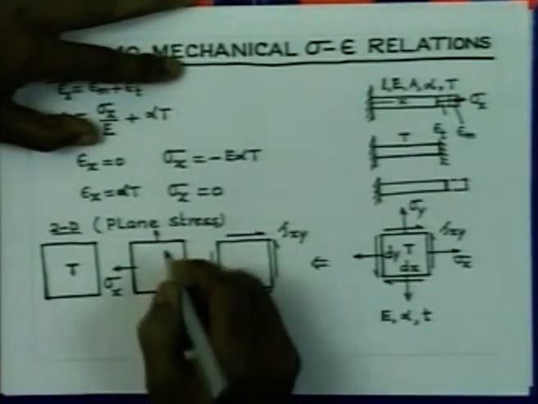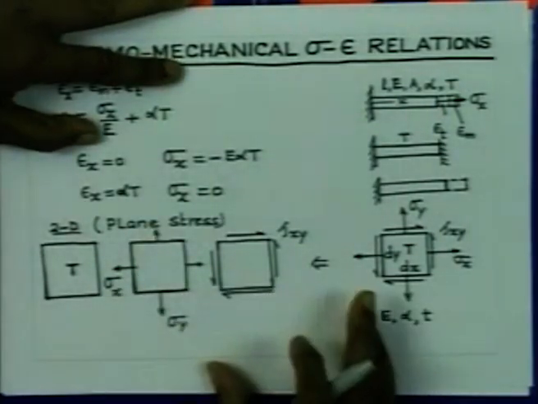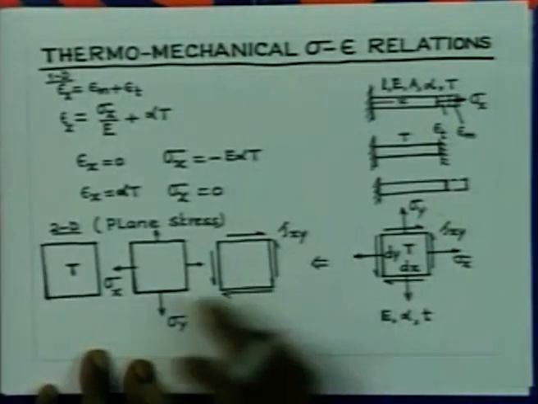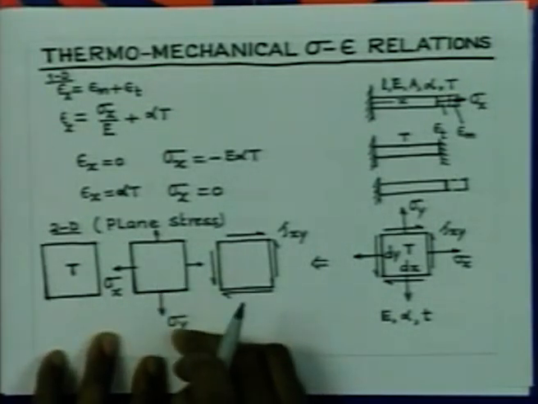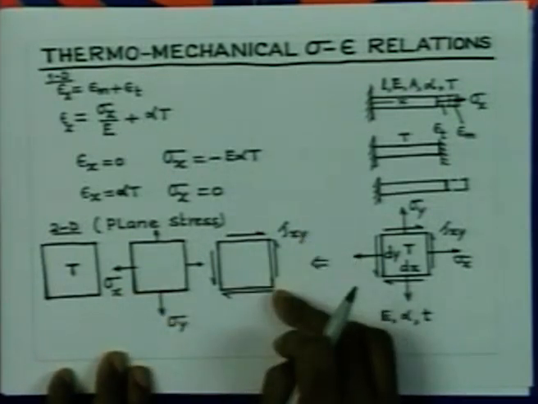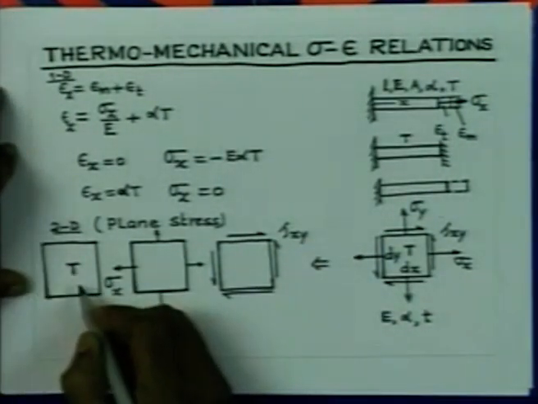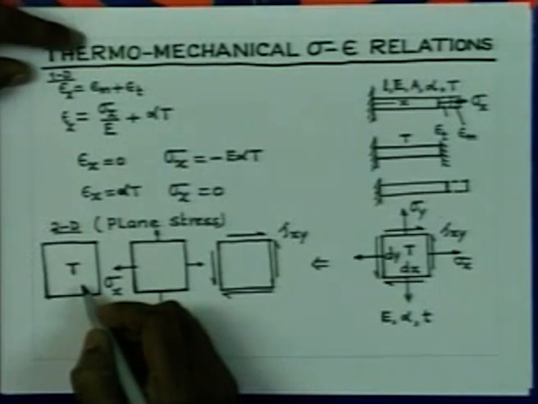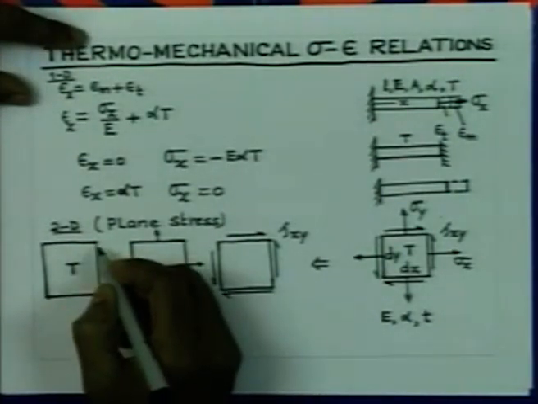Now, in this case you can calculate the strains in both x and y direction, and if the material is isotropic you will get only the normal stresses producing normal strain, there is no shear strain produced by them, and this is going to produce only the shear strain and it will not produce any normal strain, and temperature rise is going to produce strains which is going to be increase in dimensions of the body both in x and y direction.